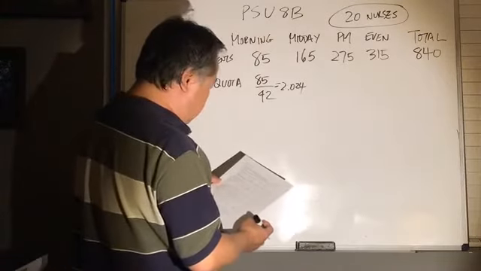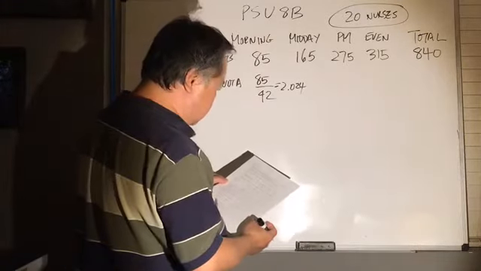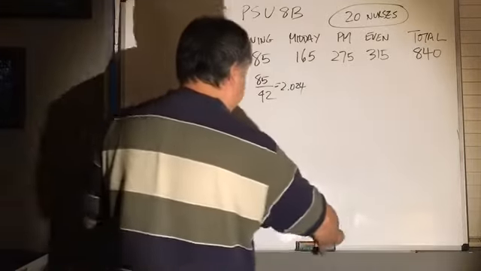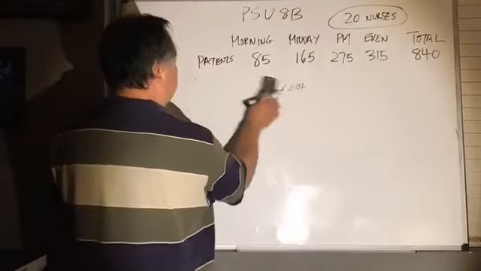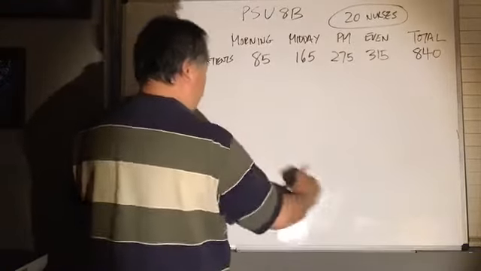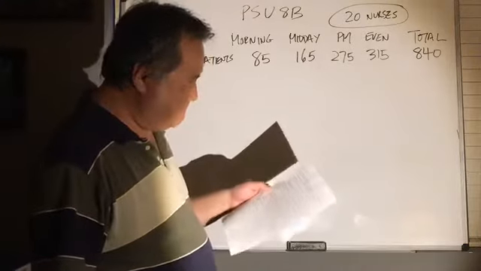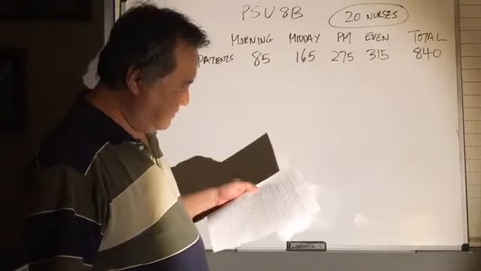Number 2, apportion 20 nurses using the following methods. Okay. All right. So first method is the Hamilton method.